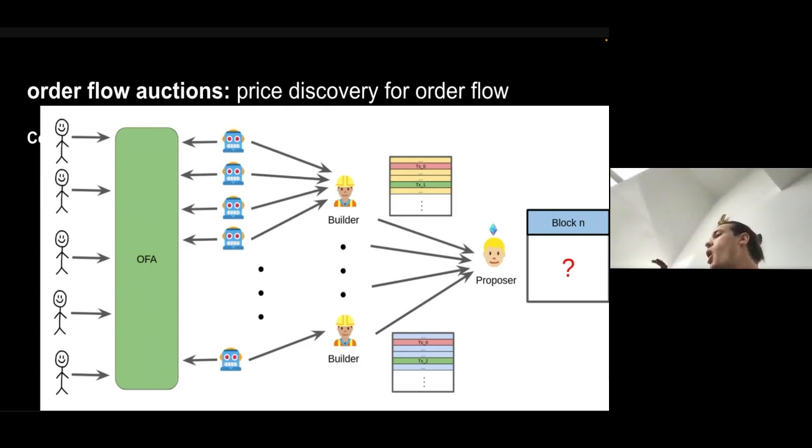Maybe the OFA in the bigger scheme of things ends up being 10 different order flow auctions, each serving a different function, and in aggregate doing this value accrual to the user, right? Maybe we end up with one specific order flow auction. Maybe it's not a separate component at all, and it's an activity that happens in the space of this larger auction. Again, the separation is more to think about what the functionality is here. So hopefully that's clear.